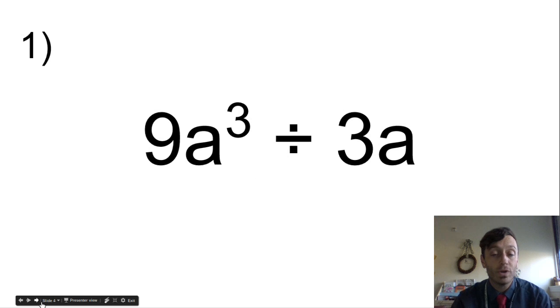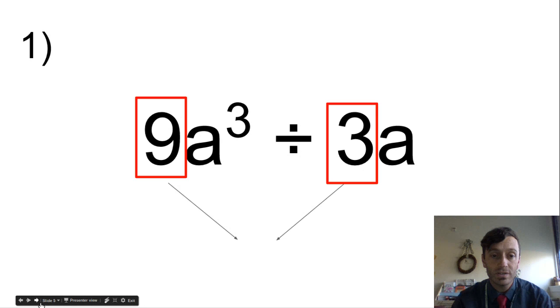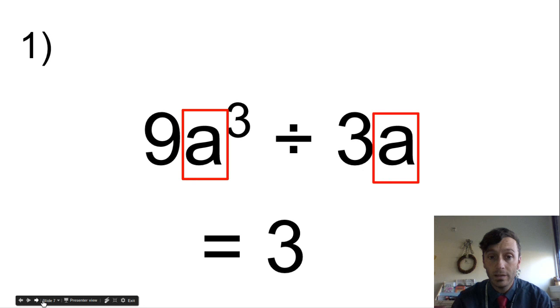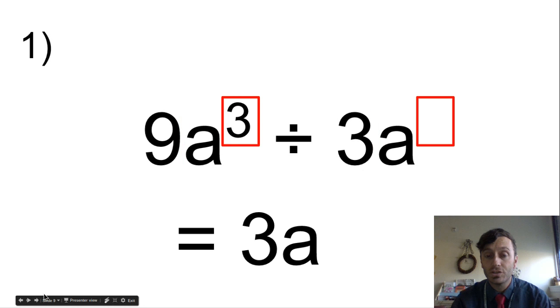Here's how we did it. All right, so the original problem, 9a cubed divided by 3a. First thing we got to do is look at the coefficients. 9 divided by 3 gives us a coefficient of 3 for our answer. Next, look at your 2 variables, a. Both of them are a's. Move your a on down. Then you need to look at your exponents.